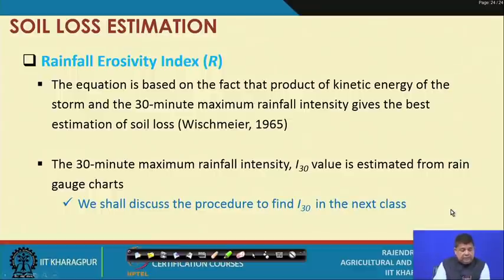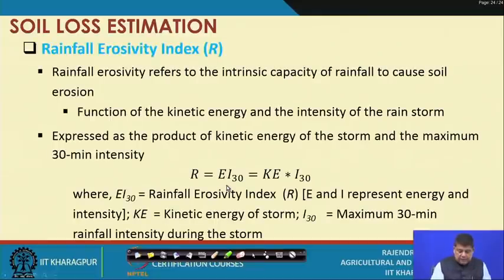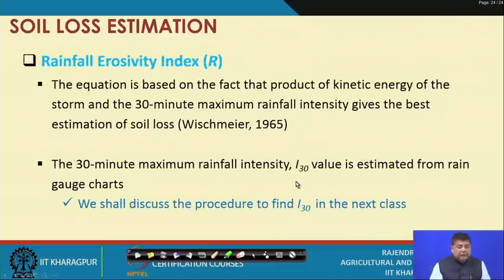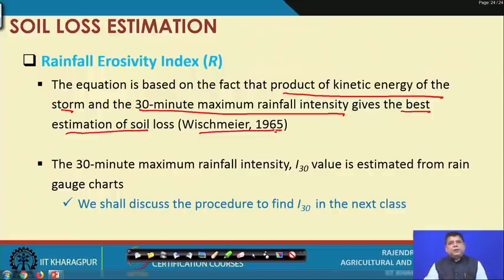The equation we just saw, EI30 equal to KE times I30, is based on the fact that the product of the kinetic energy of the storm and the 30-minute maximum rainfall intensity gives the best estimation of soil loss, and that was given by Wischmeier in 1965 based on a large number of experiments.